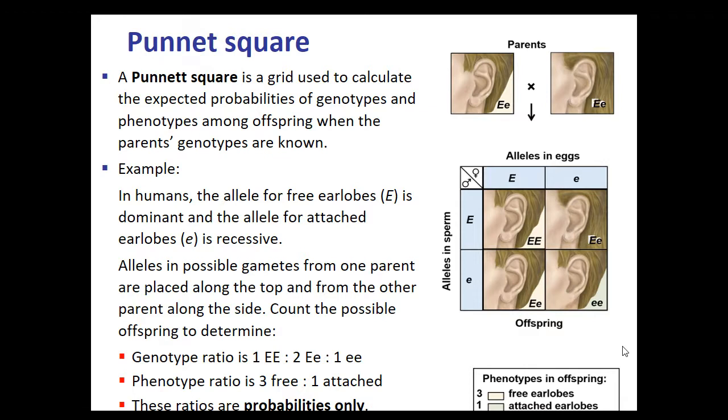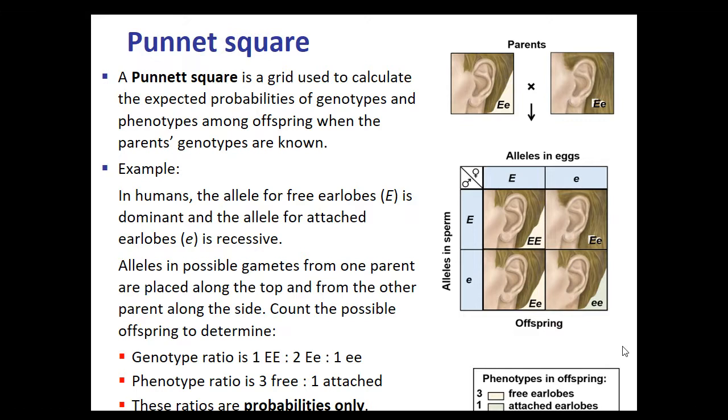That's the genotype ratio. So what's the phenotype ratio? What's the probability that their child will have free or attached earlobes? Just 1 out of 4, right? This is the only one of these 4 that is attached. The others would be free earlobes.